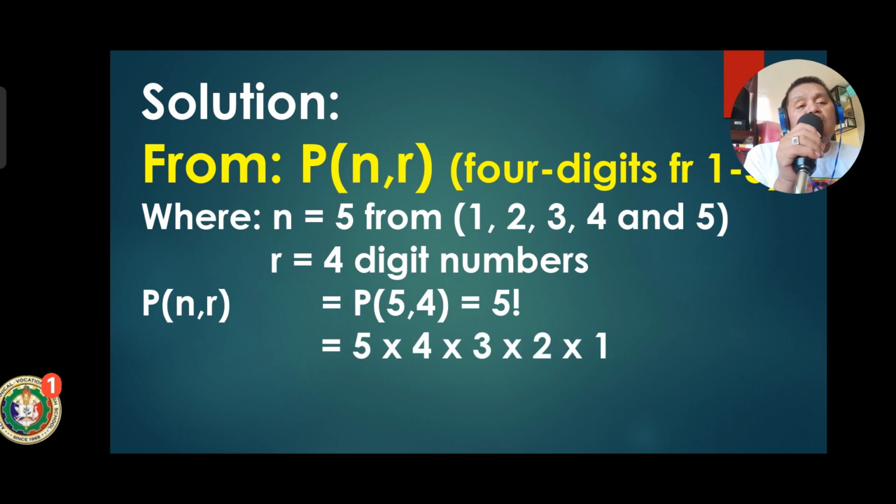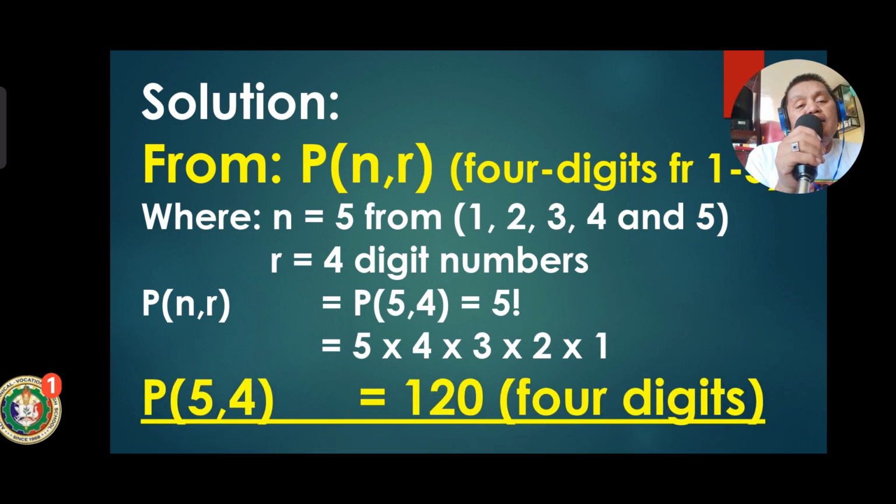We have now the factorial notation. If we have 5 factorial, that will be equal to 5 times 4 times 3 times 2 times 1. Therefore, we have the permutation of 5 objects taken 4 at a time is equal to 120 arrangements of 4-digit numbers.